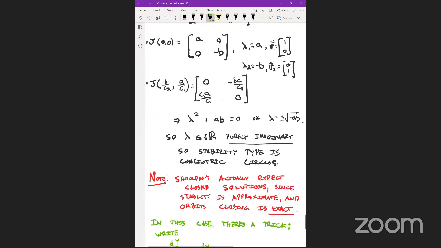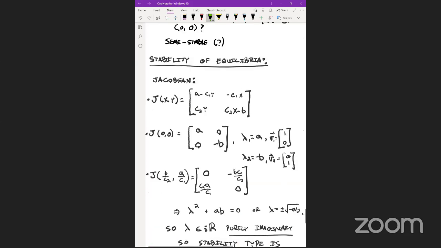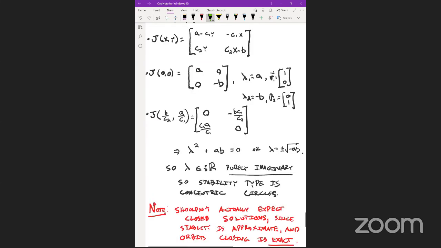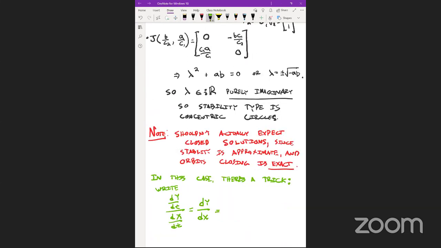And that is going to be c2xy minus by divided by ax minus c1 xy.